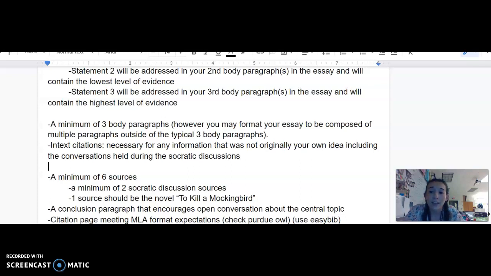That is a link that tells you exactly how to cite your Socratic discussions, which is why we took notes on what our group members had to offer, to demonstrate that we were listening, that we were engaged in what other people felt and were saying, that we were having open conversations with our members, even if we don't agree with the members of our group, so that we can find common ground, which is essential for this essay. This essay is centered around the idea that we may not always agree with our community. However, we need to find a balance between our opinion and factual information, and therefore find common ground.